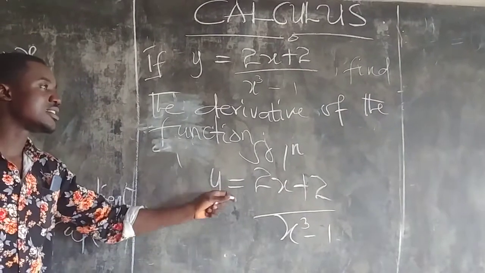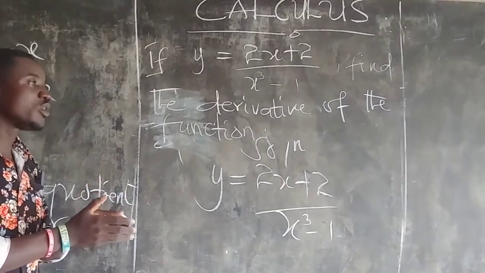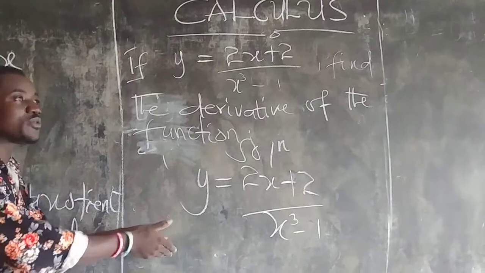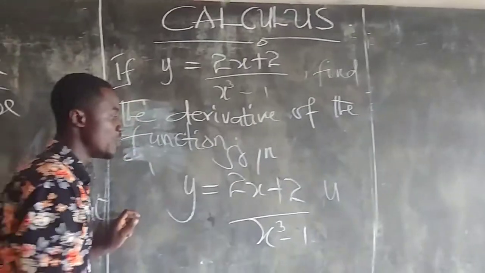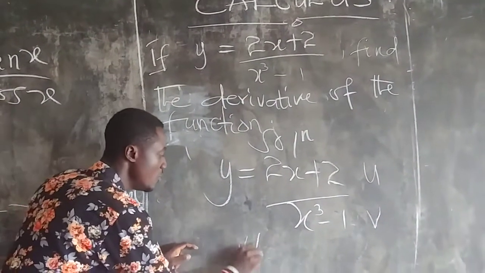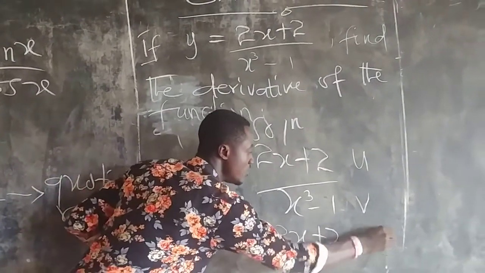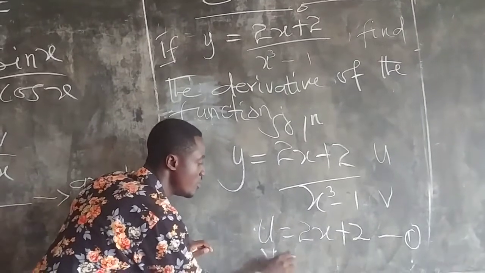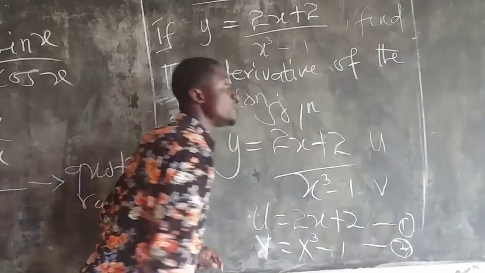Now you can see that this is a quotient function, so what you have to do is use the quotient rule. In using the quotient rule, you have to state it. Let the numerator be u and the denominator be v. So u is equal to 2x plus 2, equation 1, and v is equal to x cubed minus 1, equation 2.